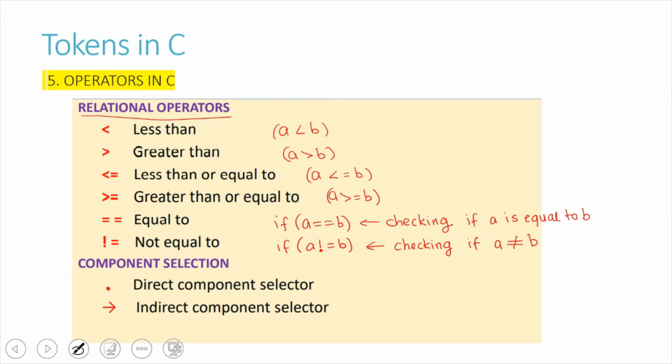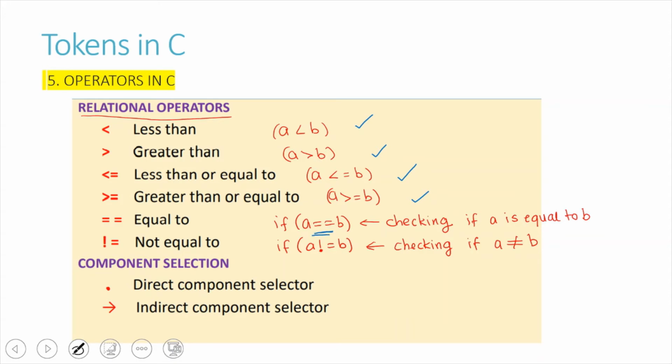Next, we can compare the relation between two operands. So we have A < B, A > B, A <= B, and A >= B, if A and B are two variables. If you have to check if A is equal to B, you do that with a double equal to.